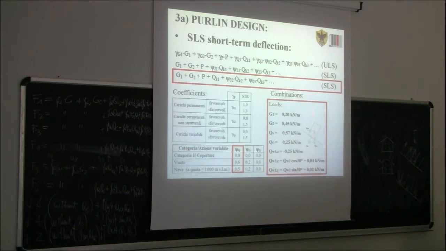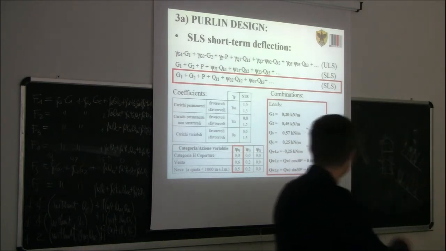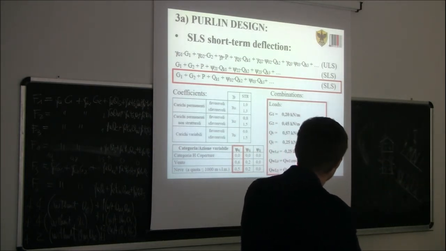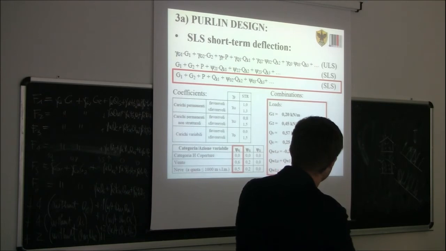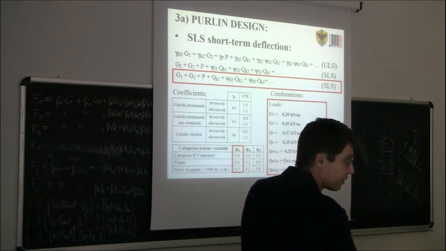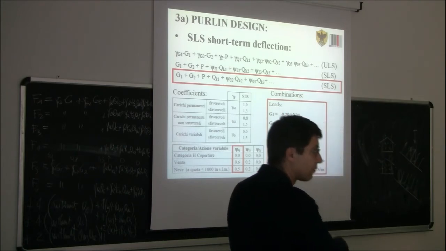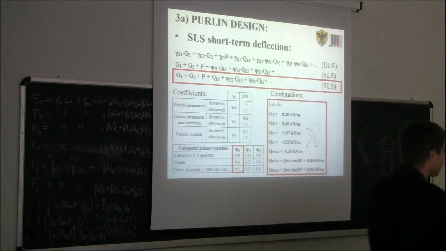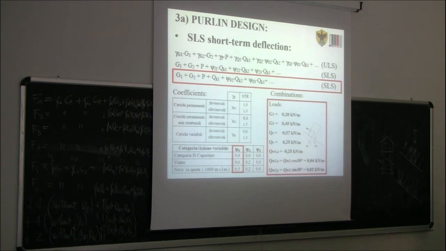So strictly speaking, we have a vertical component and a horizontal component. The horizontal component, fortunately, as you can see here, is fairly low. We're talking about 0.02. In fact, it's much lower compared to the other loads. So for this reason, we're going to ignore this horizontal component.